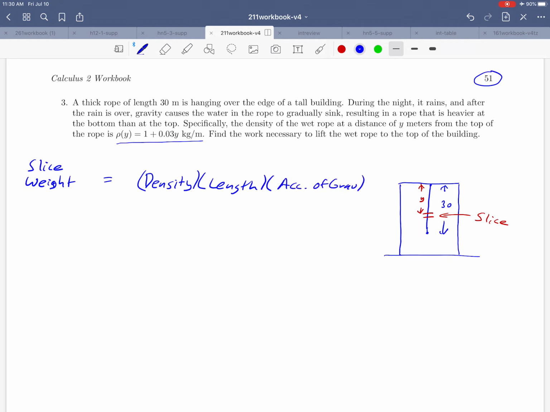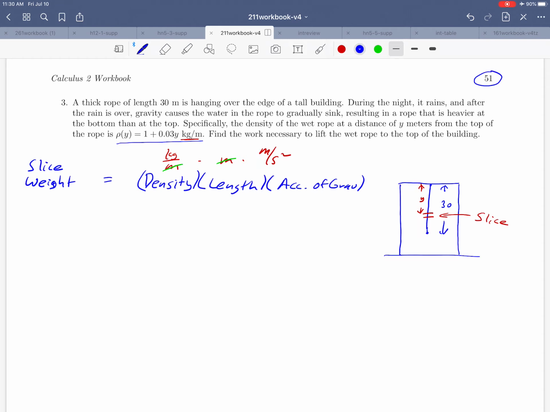If we do a quick units check, the density is kilograms per meter, length is measured in meters, and gravity is measured in meters per second squared. With unit cancellation, we wind up with kilogram meters per second squared. That's newtons, which is what we want.